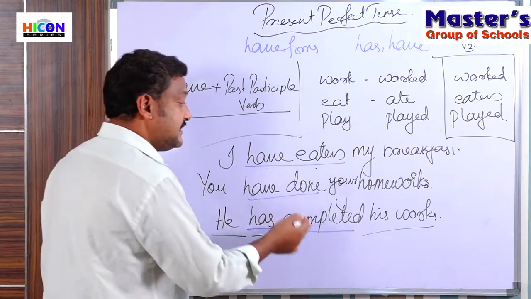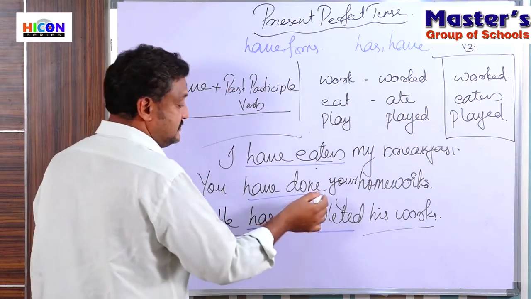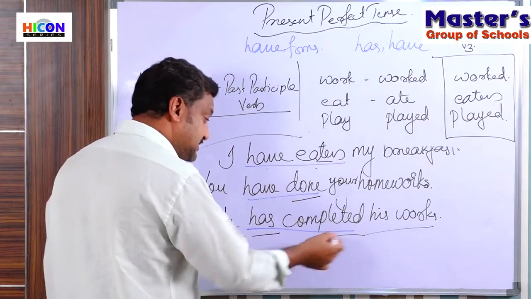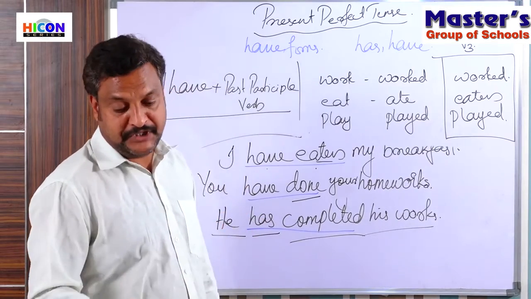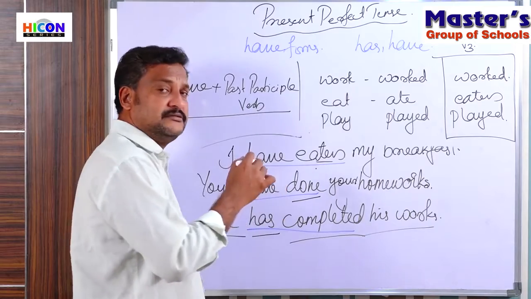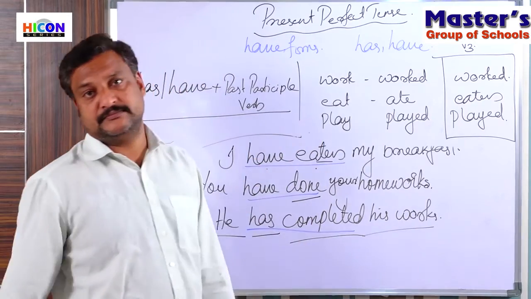But after has and have come eaten, the third form of the verb eat; done, third form of do; completed, third form of complete. So after has and have, we use the third form of the verb.